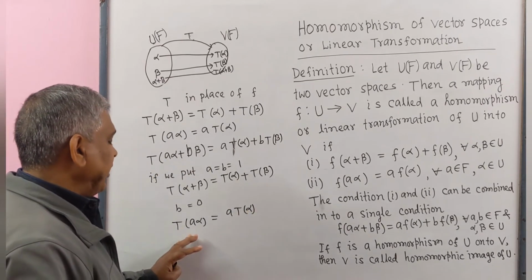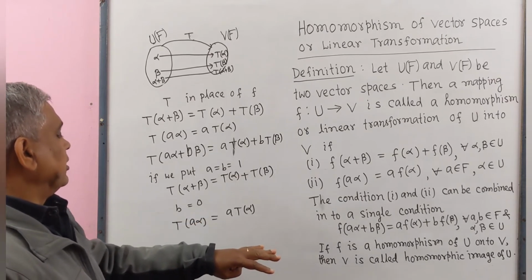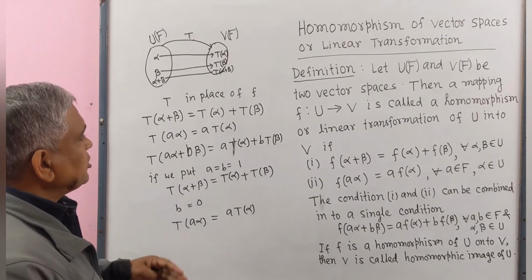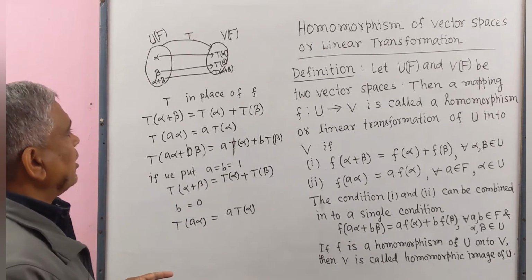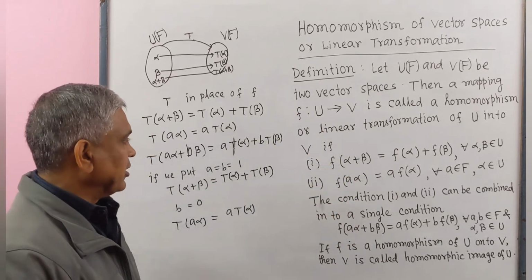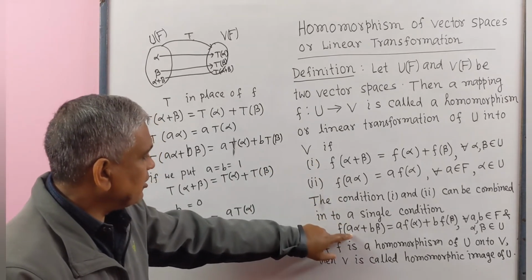So we may write F or T, any symbol, but both symbols denote a homomorphism or linear transformation if these two conditions or this single condition hold.